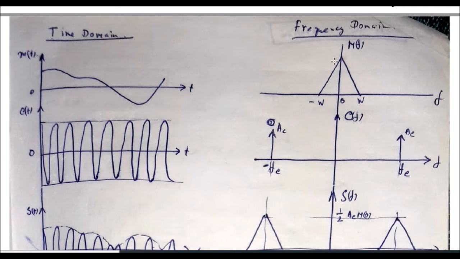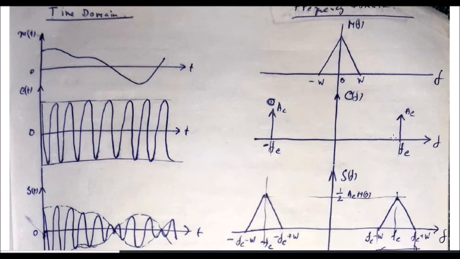Suppose it has this kind of spectrum starting from minus W up to W. In the physical frequency domain, you have to consider it as a baseband signal from 0 to W. So its bandwidth was W, and this is the carrier signal. It is a single frequency carrier, a cosinusoidal signal, having amplitude Ac and frequency fc, and it is the imaginary part of that carrier signal.